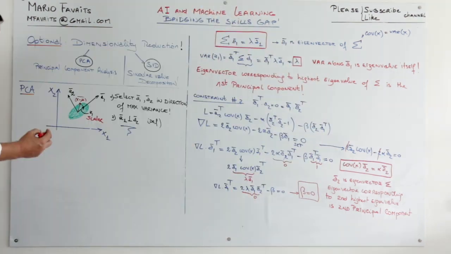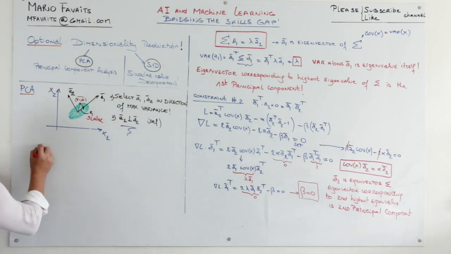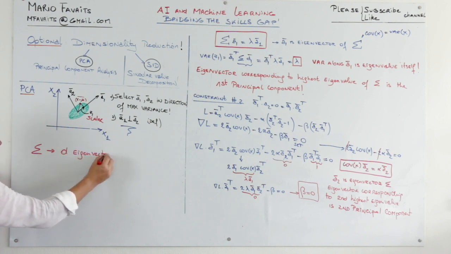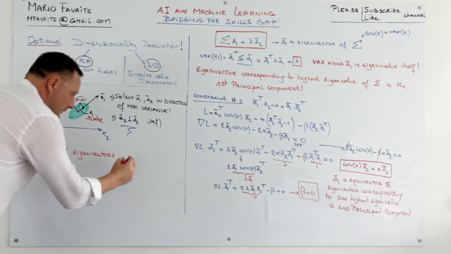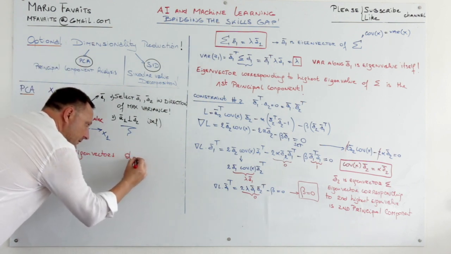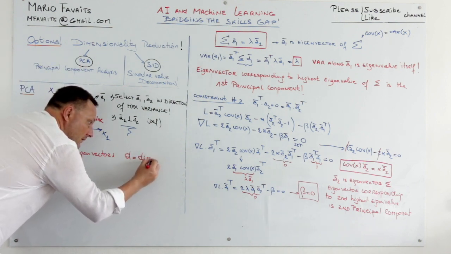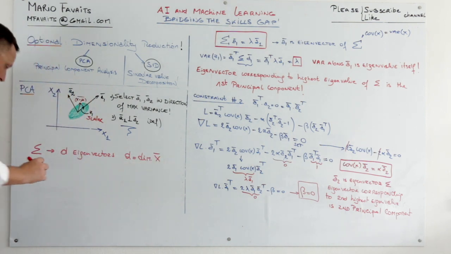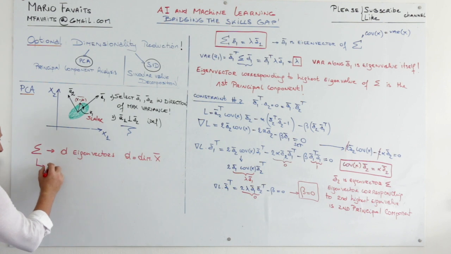Okay, conclusion, the covariance matrix has D eigenvectors, where D equals the dimension of the feature vector X. The covariance matrix is symmetric.